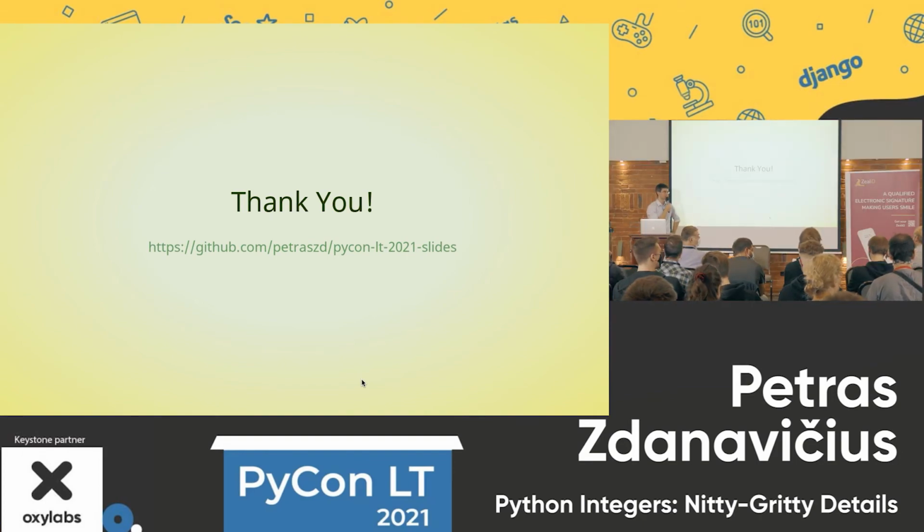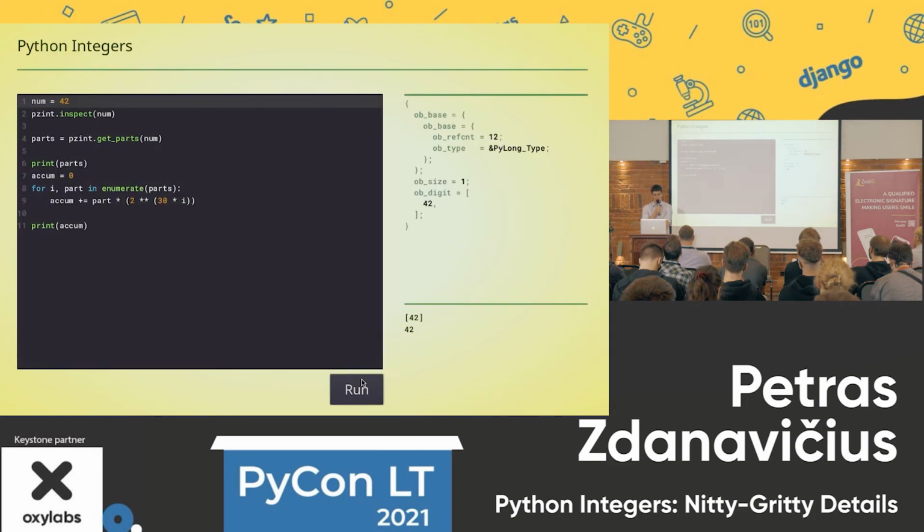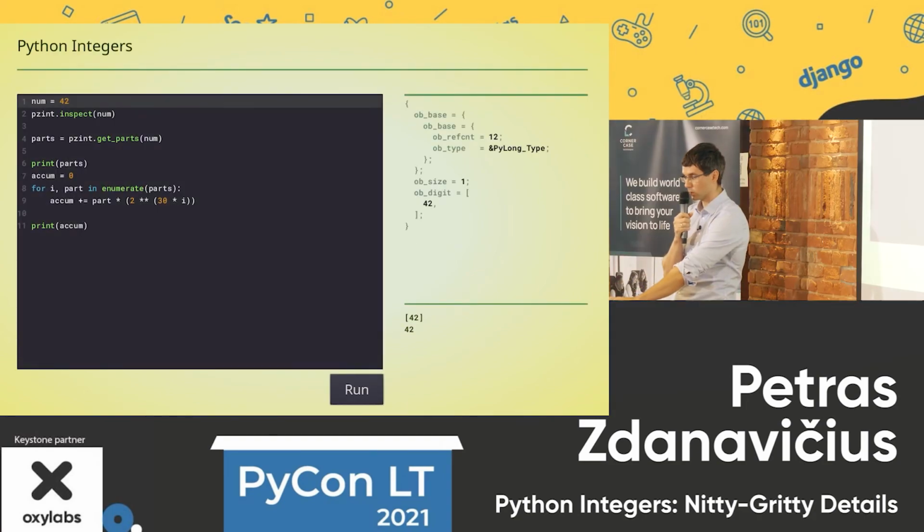Your example to convert numbers from parts doesn't work for negative numbers. Yeah, that's right. And how to make it work for negative numbers? Okay, let's not do 42 anymore.